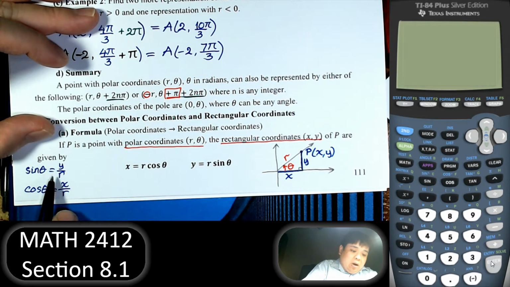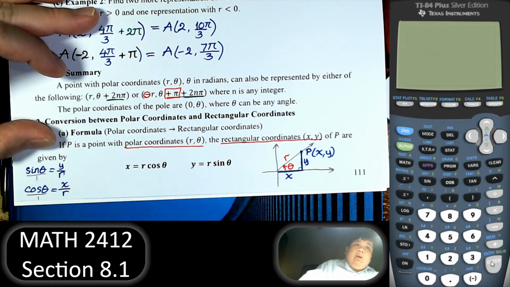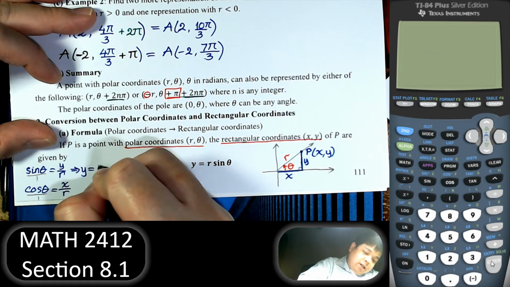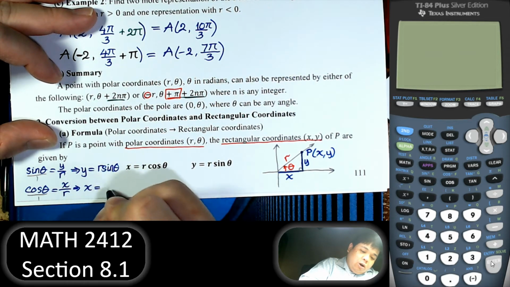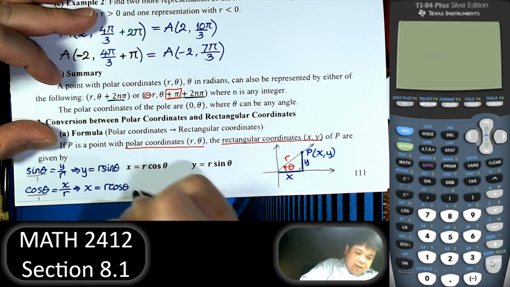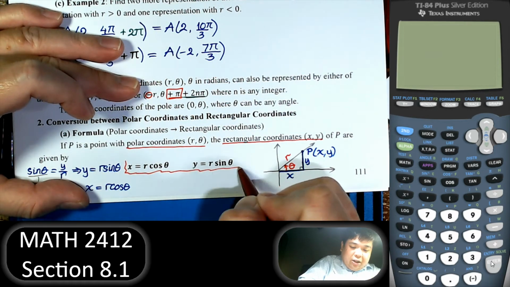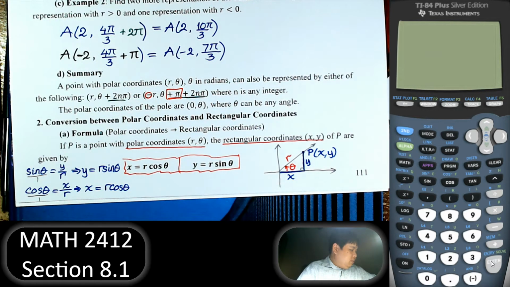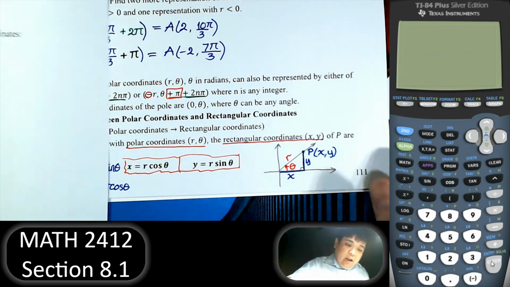Now with this, multiply r on both sides, or if we just write over 1 and cross multiply, we have y equal to r sine theta and x equal to r cosine theta. So if we have r and theta, we can go to x and y by this equation. So in that case, we can go from polar coordinates to rectangular coordinates, from r and theta to x y.